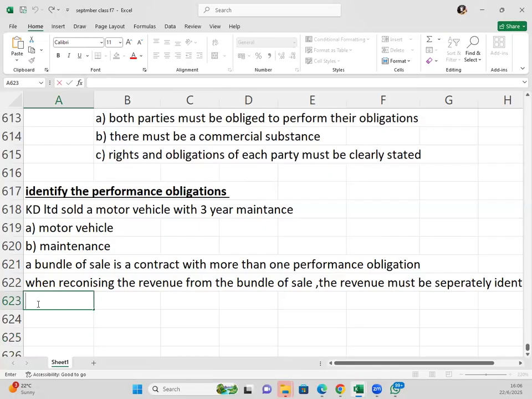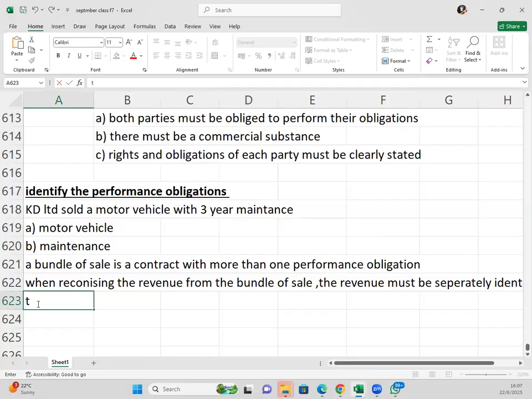Let's move on. So in a contract, your obligations are what you have to do. Some of the obligations can be expressed, some of them can be implied. The express terms are what is clearly stated in the contract.